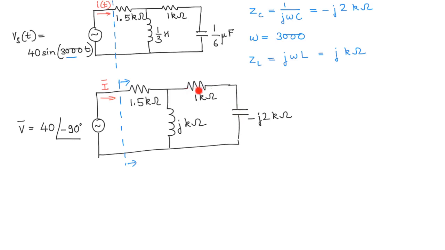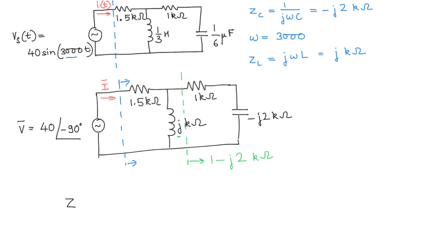So the impedance of this branch becomes 1 minus j 2 kilo ohms, and that is in parallel with this impedance here, and we can calculate the equivalent impedance there, right?